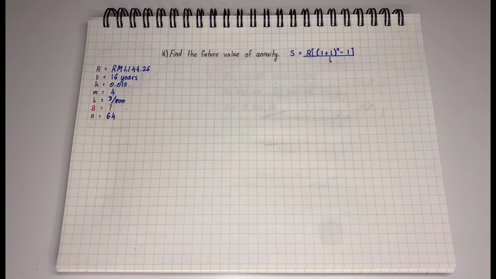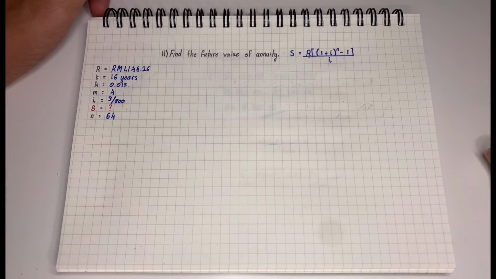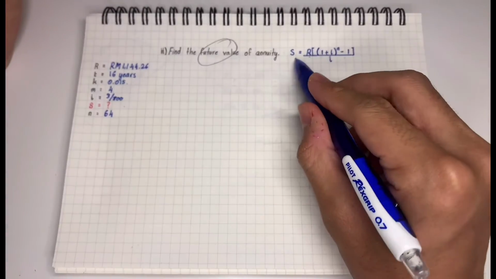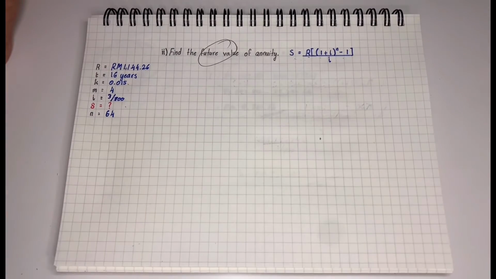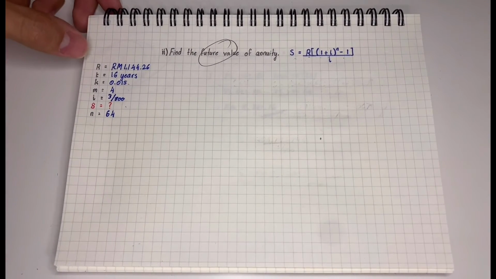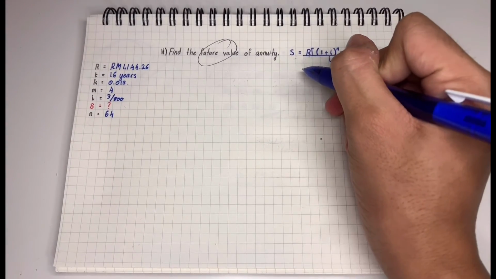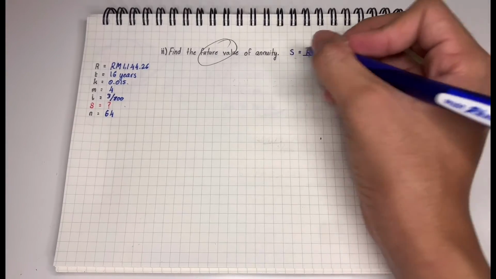Okay, now we are at question 2. Find the future value of annuity. When you talk about the future value, it is the S formula. So you need to list down all of the components like previous questions to make your answer more relevant.